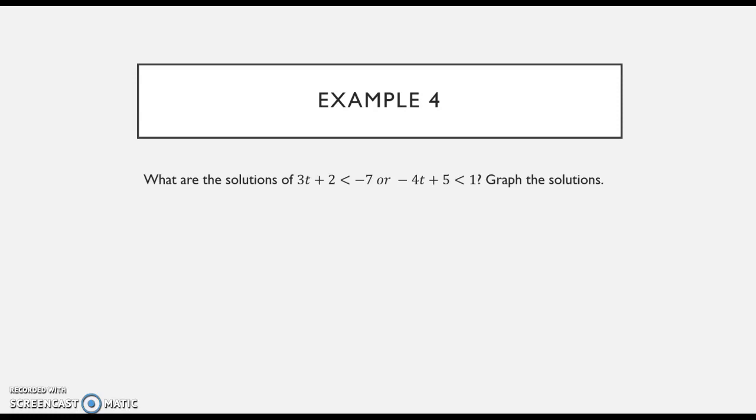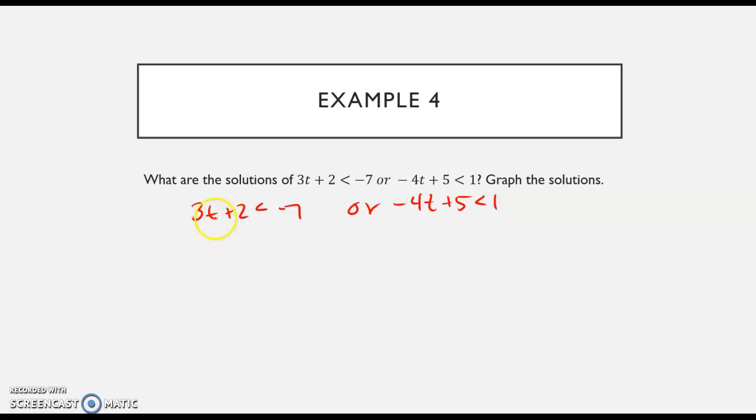Now what about an or compound inequality? We're asked to graph the solutions. So 3t plus 2 is less than negative 7, or negative 4t plus 5 is less than 1. This one is just solve each inequality as you would normally.